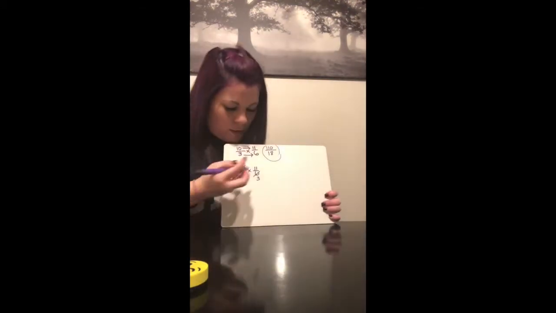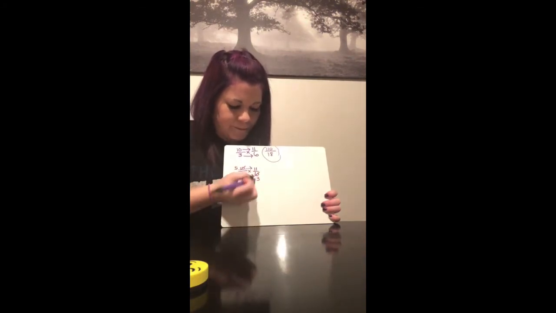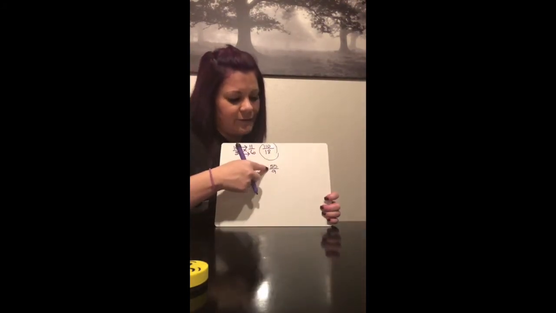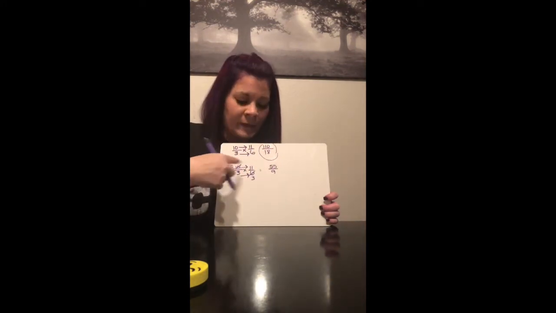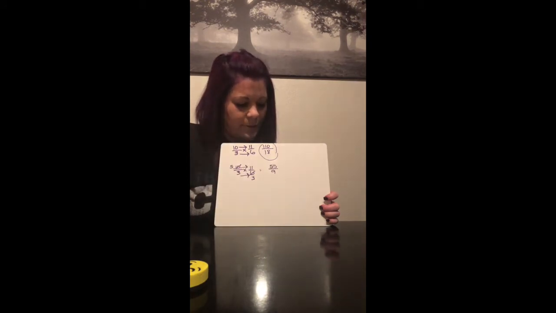Then I have a new problem, and now I can multiply straight across, and I will get my answer. 5 times 11 is 55, and 3 times 3 is 9. So now instead of getting 110/18, I get 55/9, and I know it's reduced because I reduced within the problem. 3 and 11 don't have any common factors, so I couldn't cross-reduce there.